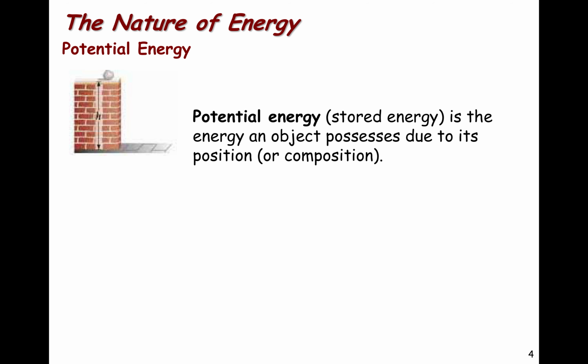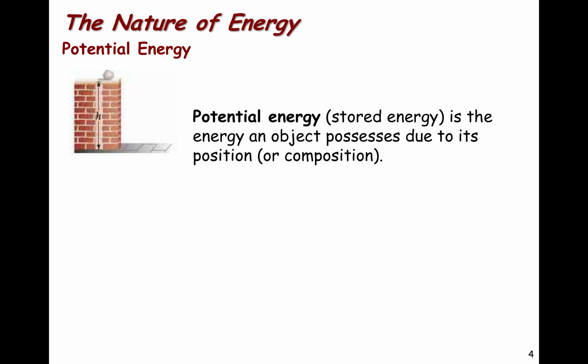In physics, we often talk about the changes in energy and the different types of energy. We can talk about potential energy, which in terms of the energy of position would be affected by gravity.